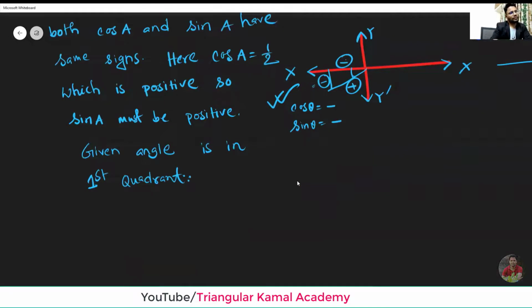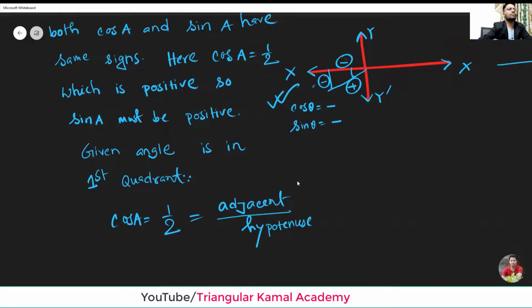Now cos A is equal to 1/2. From the figure we can write cos theta is equal to adjacent by hypotenuse. That means adjacent is 1, hypotenuse is 2.